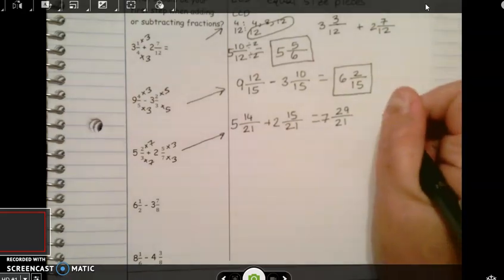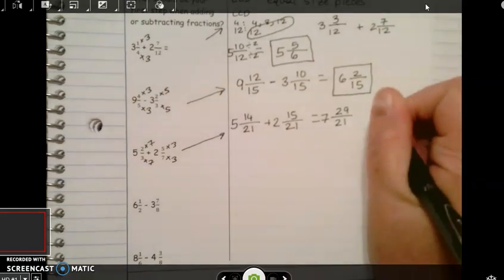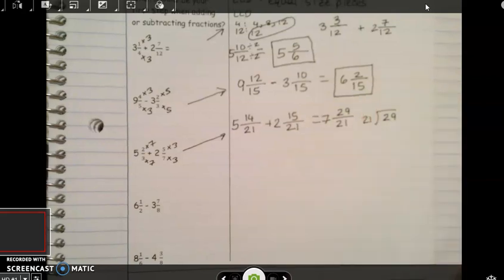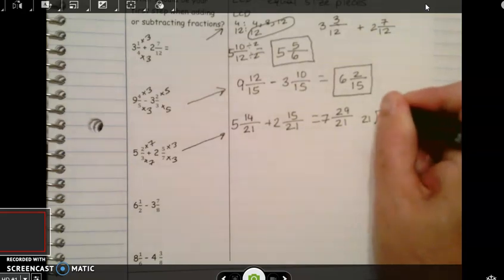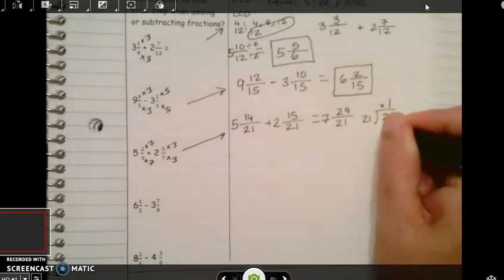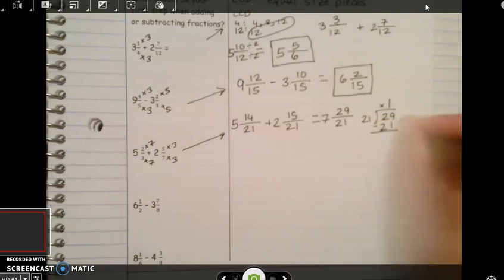Because I'm going to divide this and make it mixed. So notice I am ignoring the 7 right now. 21 into 29 goes 1. 21. How much is left?